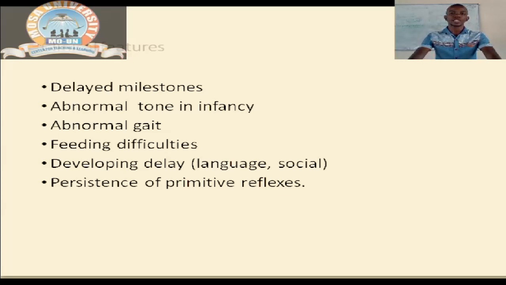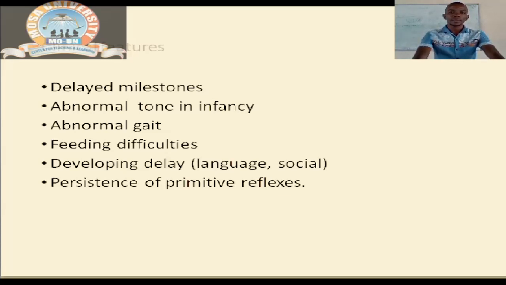You'll find that a child is not up to date with their milestones in reference to their age. Okay. The other thing is these patients usually have an abnormal tone in infancy. They also tend to present with an abnormal gait. An abnormal gait, in other terms, can be defined as an abnormal stance or an abnormal balance.